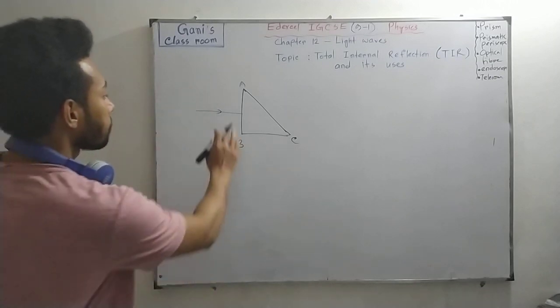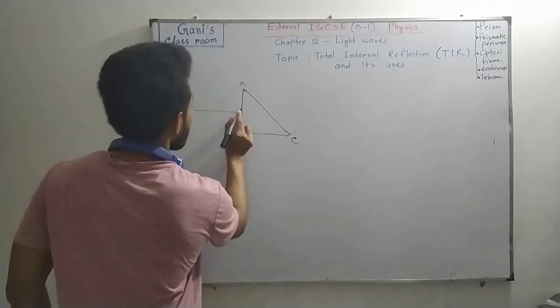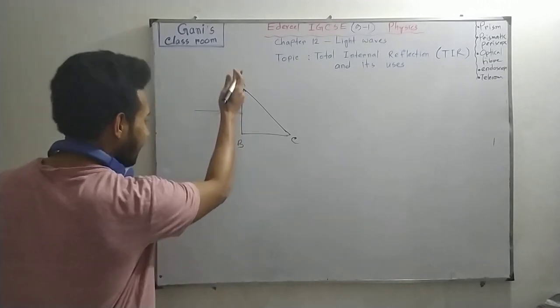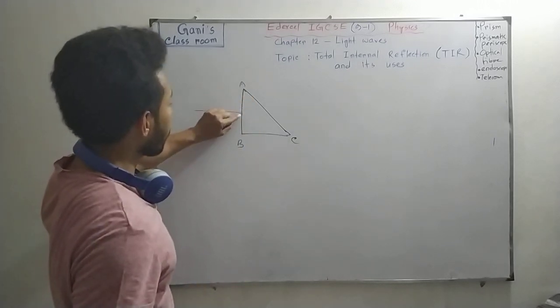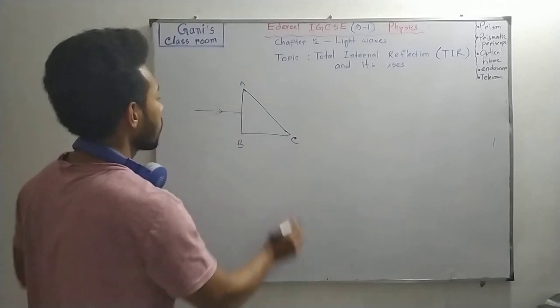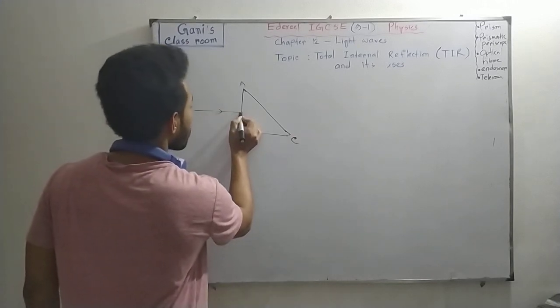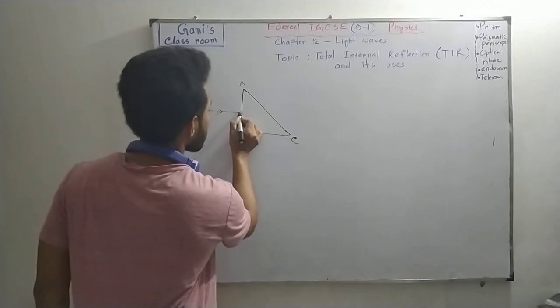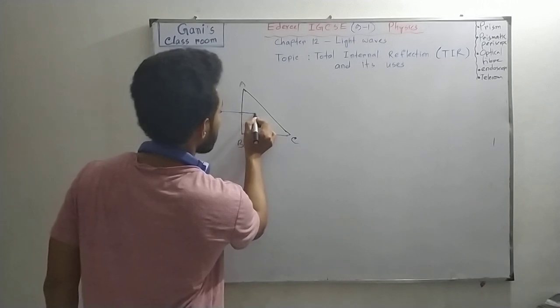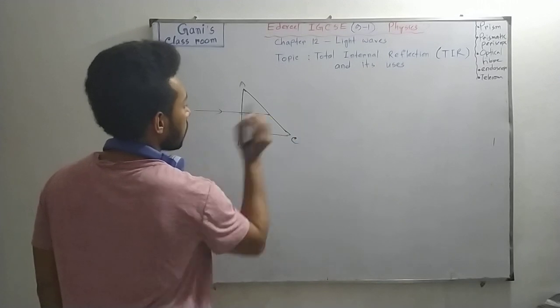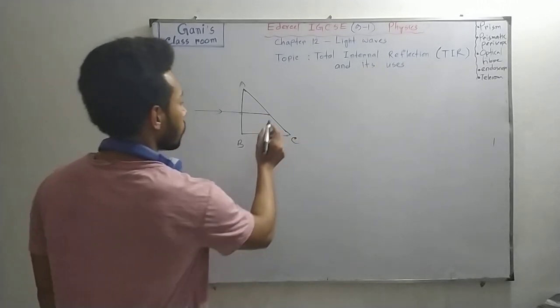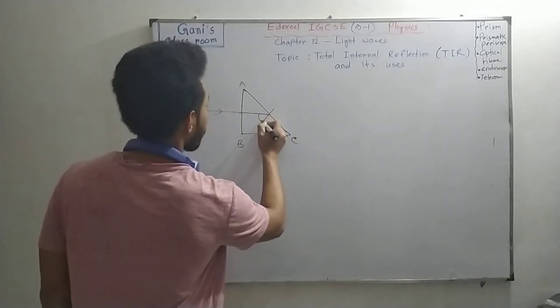Look at this diagram. The light is striking the side AB perpendicularly. Therefore, no refraction occurs at this point. The light passes straight on and strikes this boundary with an angle of 45 degrees.